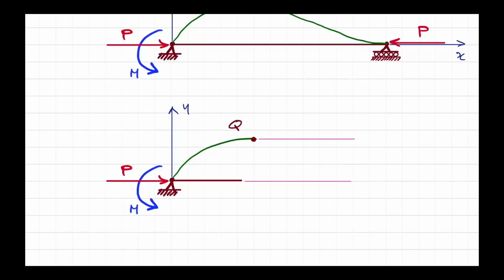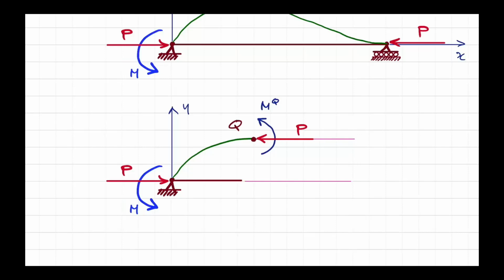So with this cut, you have the moment, right? And you also have that axial force P. So this moment is given by MQ, right?